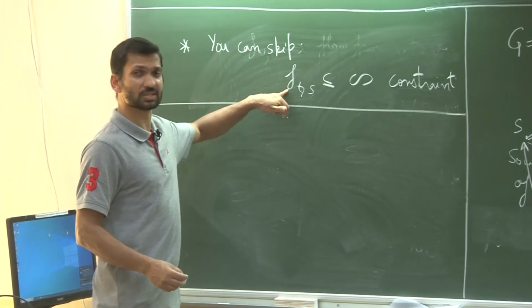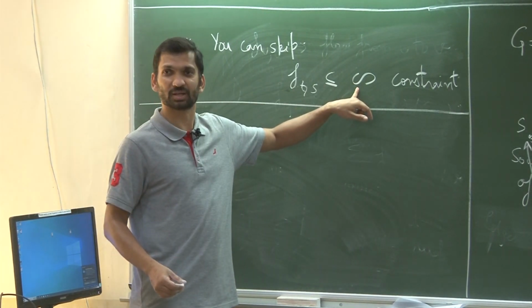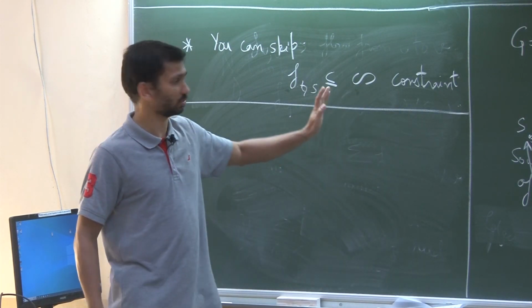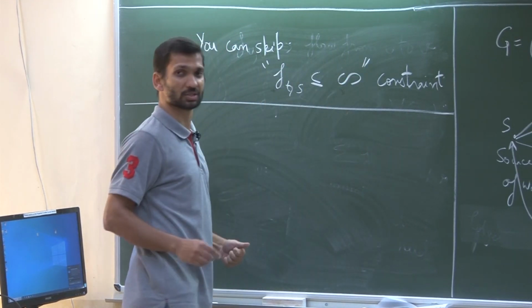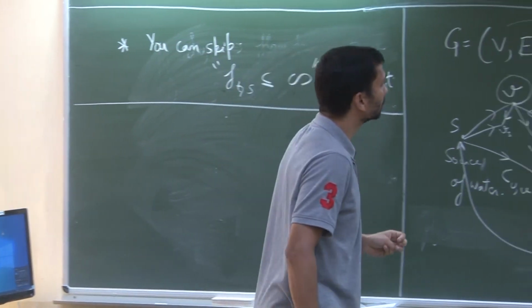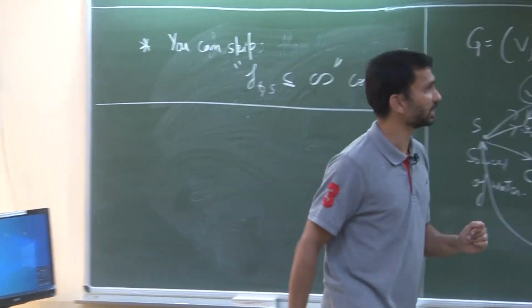No, the constraint is this, right? The f_TS less than C_TS is the constraint, and I wanted to put infinity for C_TS, right? So this constraint I will avoid, right? Great. So this was the maximum flow problem, and there was an LP for it.